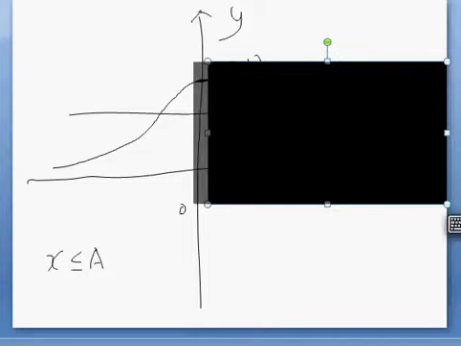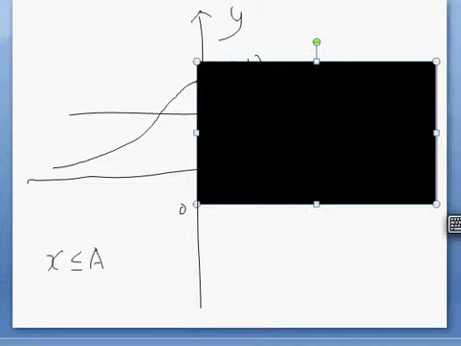Only when my x is less than or equals to 0, you can see I will only have this curve left. And if you draw a horizontal line, it cuts exactly once, no matter which horizontal line you draw within the range.